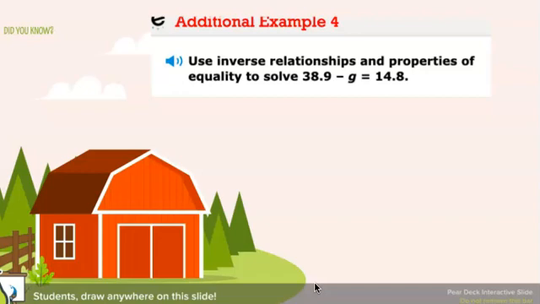Think about what you do to both sides, add both sides, multiply both sides, whatever you do to both sides to create a positive g. Good luck. We have to do the same thing on both sides, and think about how you make that minus g become plus g.